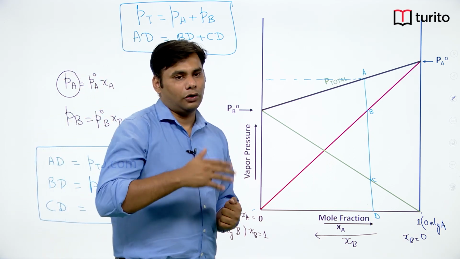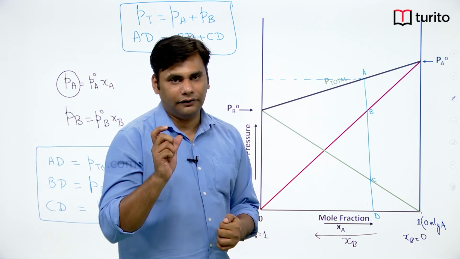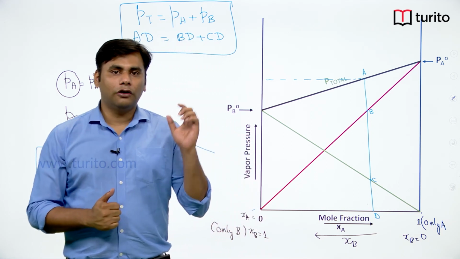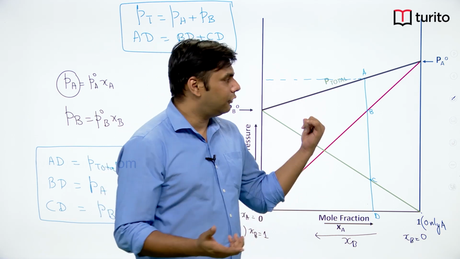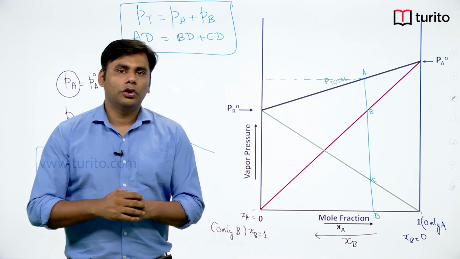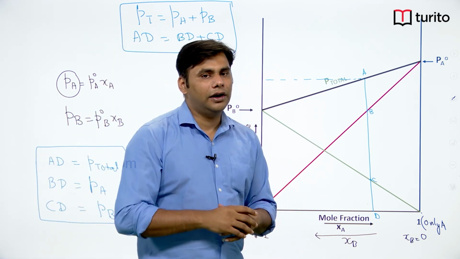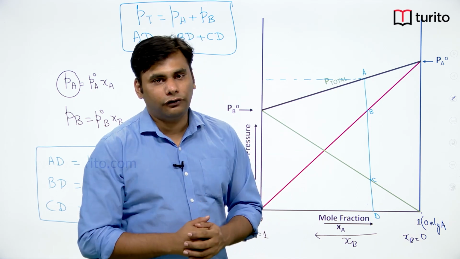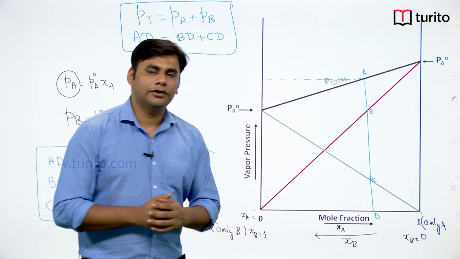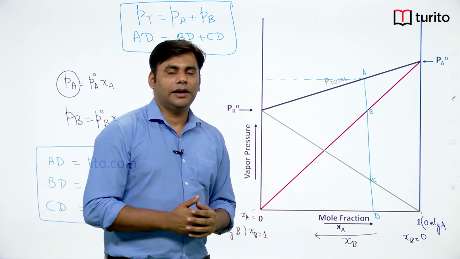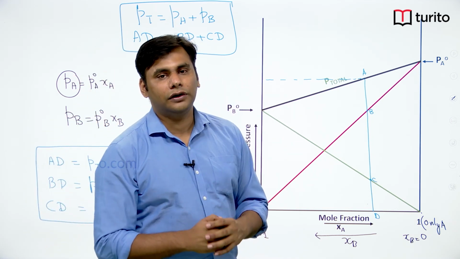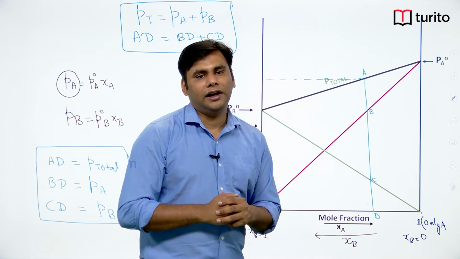When a non-volatile solute is added, we did a very important concept of lowering of vapor pressure and relative lowering of vapor pressure, and after that we did mixing of two components where both of them were volatile, so that both of them form the vapor over the solution. So we calculated the total pressure that would be exerted over the solution when two volatile components are mixed.